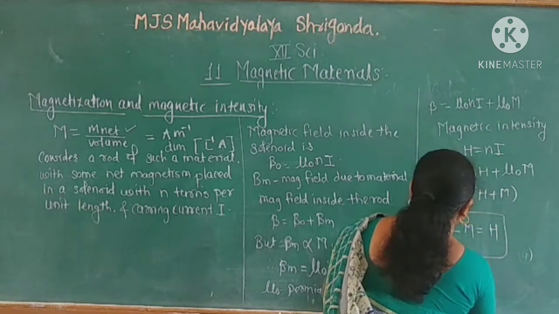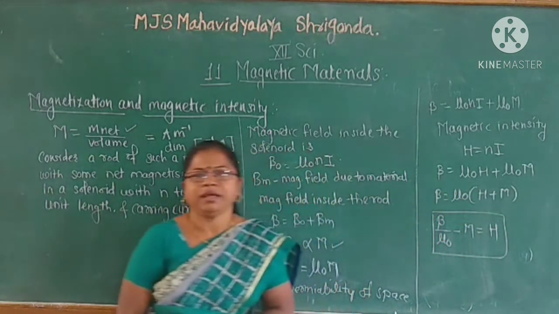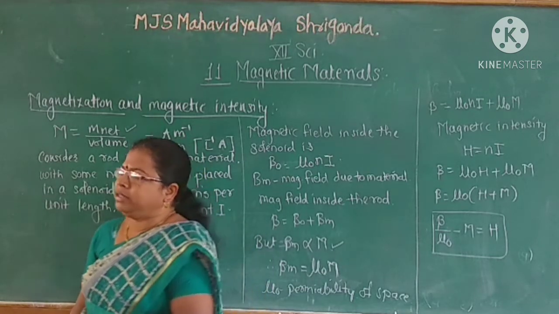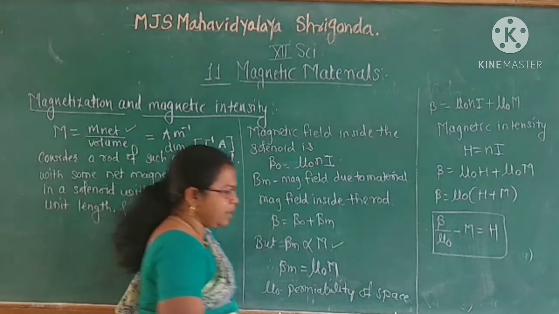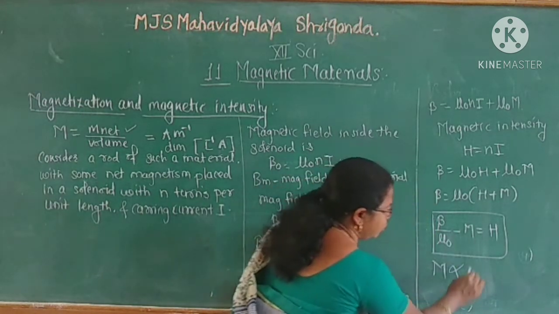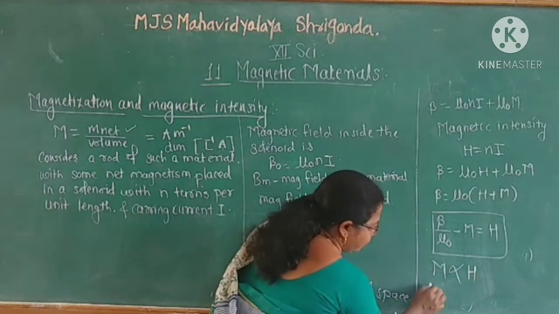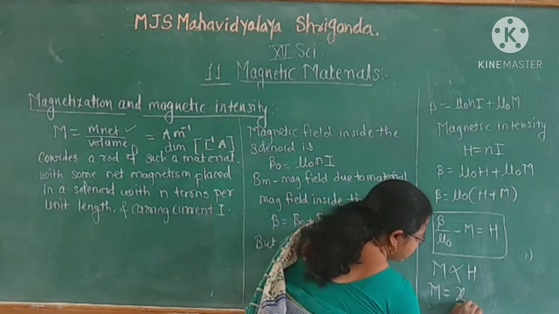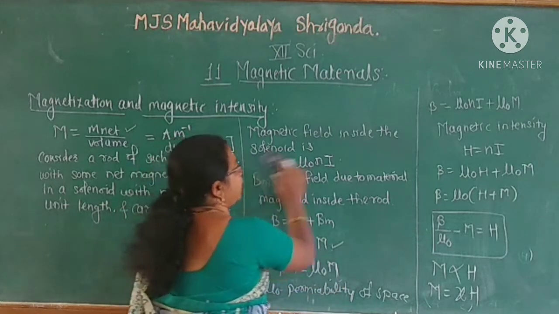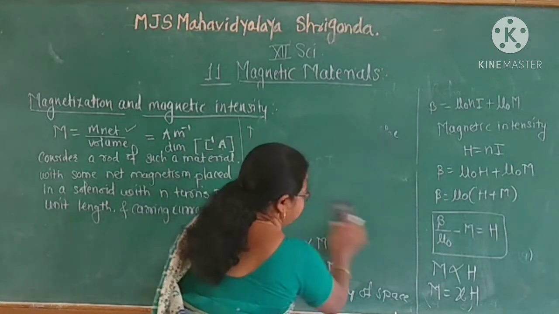One more point about magnetic intensity: we get H equal to B by mu naught minus M. Therefore magnetization is directly proportional to magnetic intensity, where M is equal to Xi into H, and Xi is called the magnetic susceptibility.